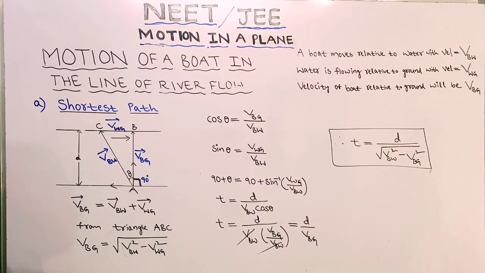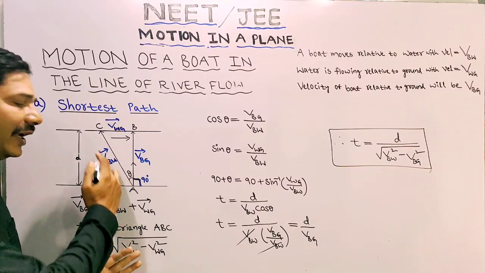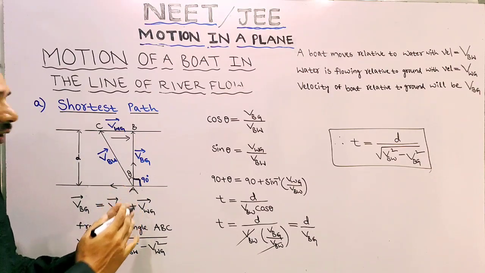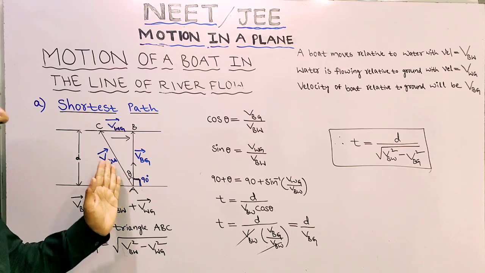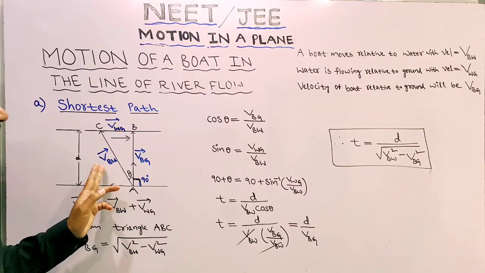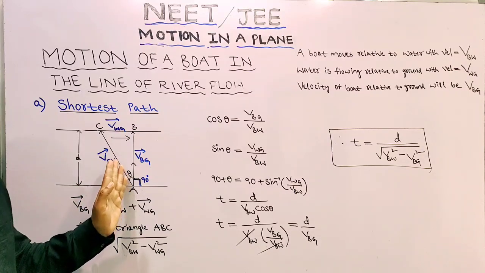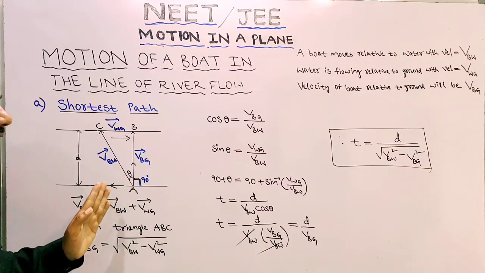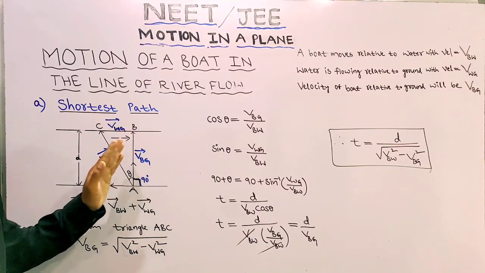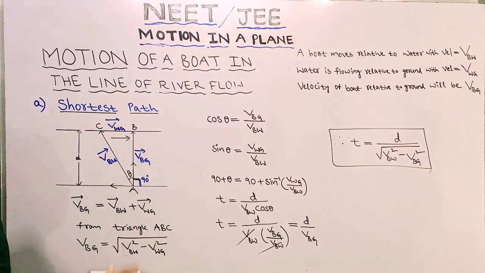The person should aim at a certain angle, which I am taking as theta. The boat velocity with respect to the water, VBW, is aimed at a certain angle, so that the person reaches point B despite the force of water.